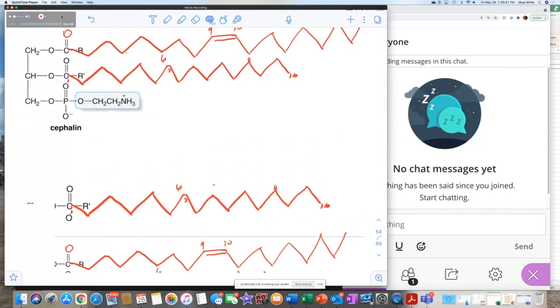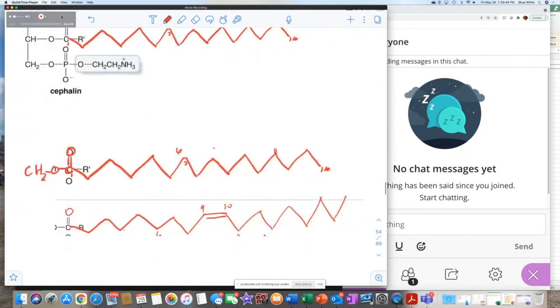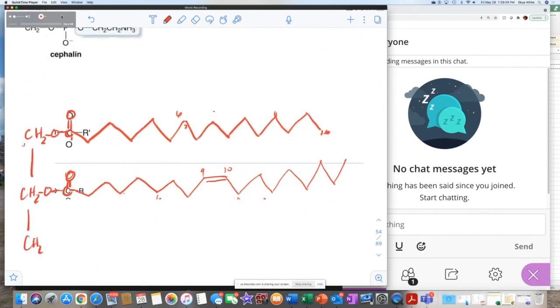So this would be CH2-O-C double bond O, right? CH2-O-C double bond O. And the last one here is CH2-O-P. This is the phosphate group right here.